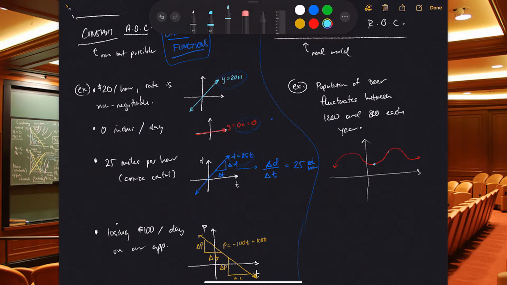Well, based on the difference between 2 points, if this is population, this is time, my delta P over delta T here versus my delta P over my delta T here, let me do it in a different color.